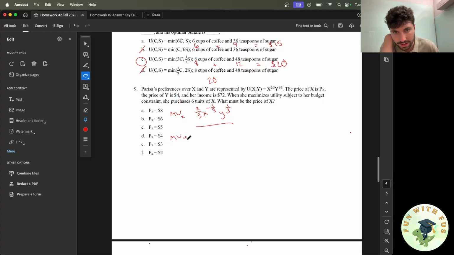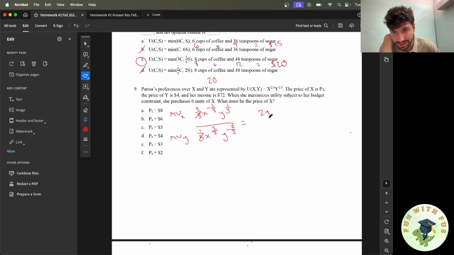And then we get our MUY of 1/3 X to the 2/3 Y to the negative 2/3. And we can move that guy up. So that guy comes down for negative exponents. The thirds are going to cancel. So we get 2. This guy goes down. This guy goes up.